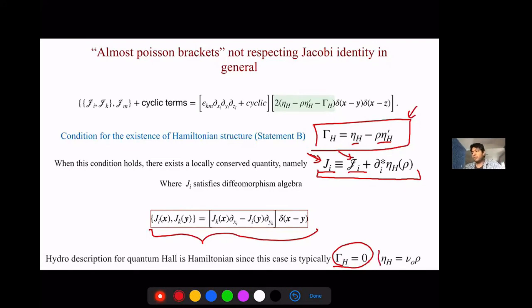And then they have this eta h, the Hall viscosity, which is a linear function of density in those cases. So as soon as you set gamma to 0, eta h is forced to be a linear function of density. So the quantum Hall situations appearing in this case are automatically Hamiltonian in nature, which you expect because these are realized in the ground state of a quantum system.